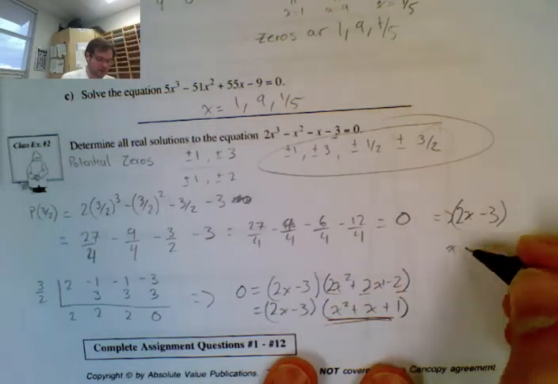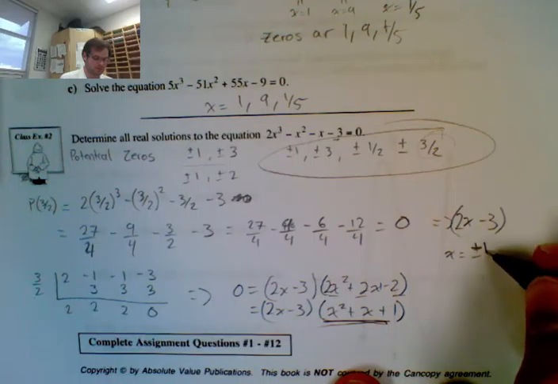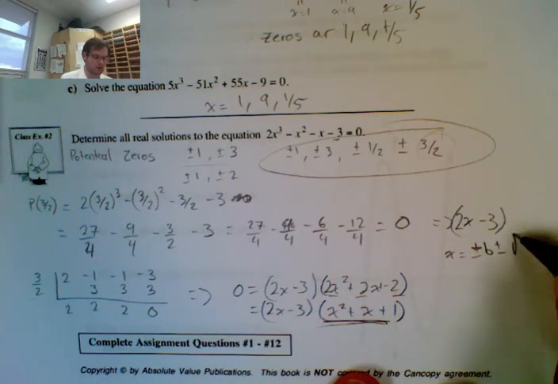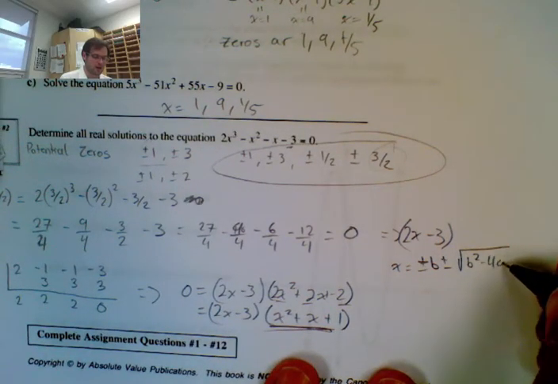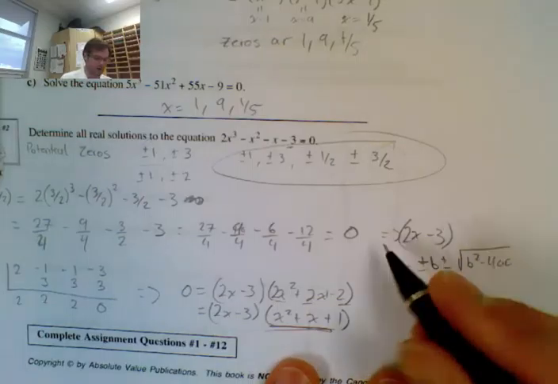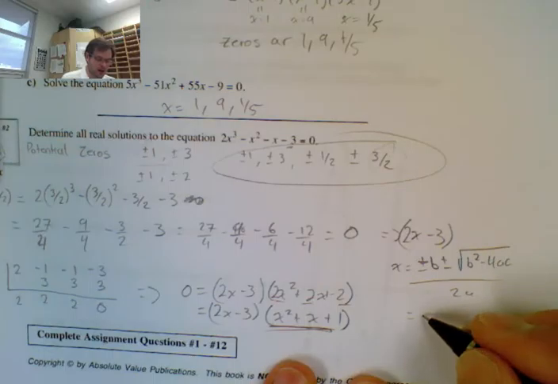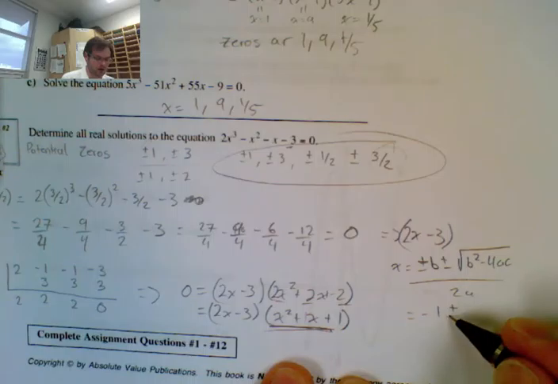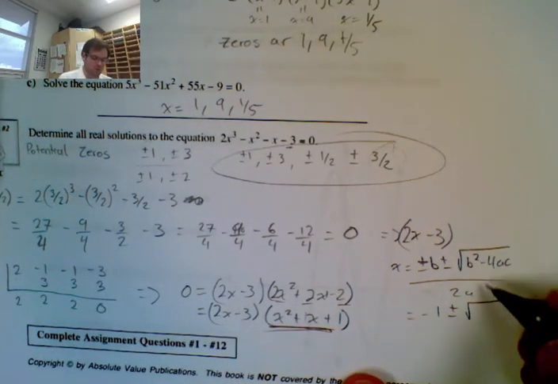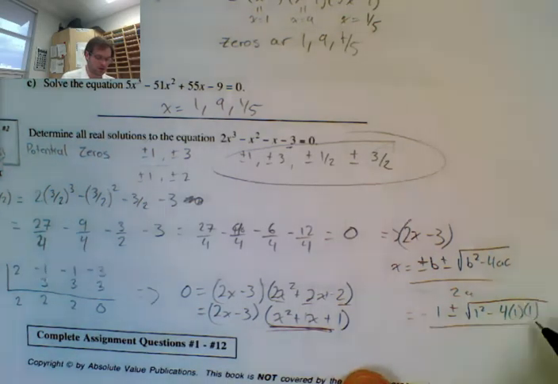So we know that x is equal to minus b plus or minus the square root of b squared minus 4ac all divided by 2a, which is going to give me negative, and my b value is negative 1, plus or minus the square root of 1 squared minus 4 times 1 multiplied by 1 all over 2.